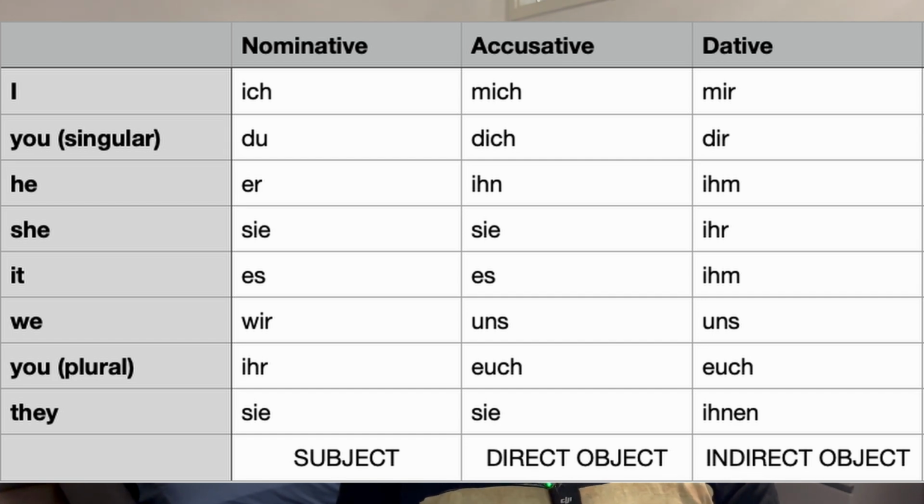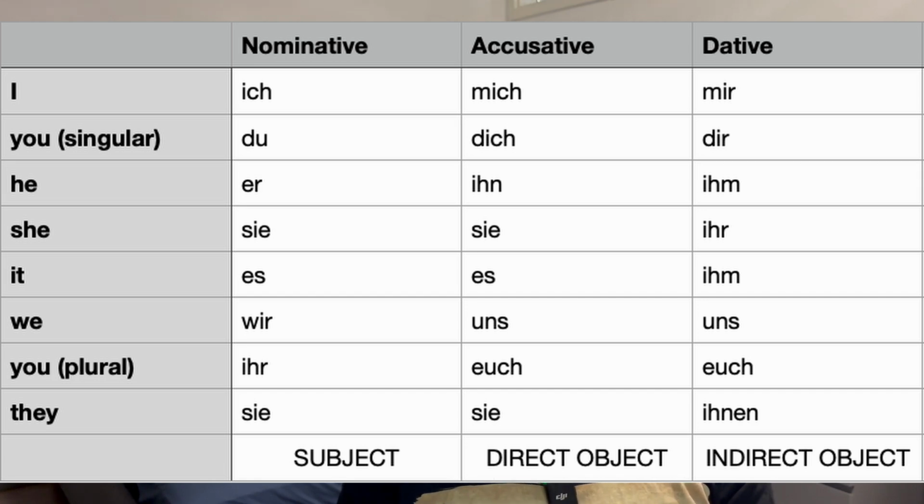So here again, you might see a little bit of confusion because the word ihr is now also a dative for she, but ihr is also the nominative for you, plural. A little bit confusing. Other than that, it's actually pretty close sounding to English.